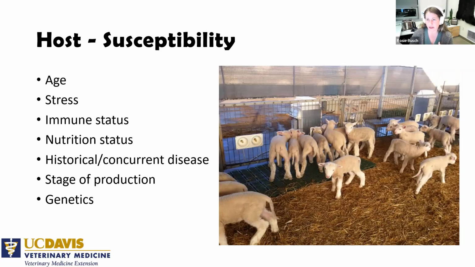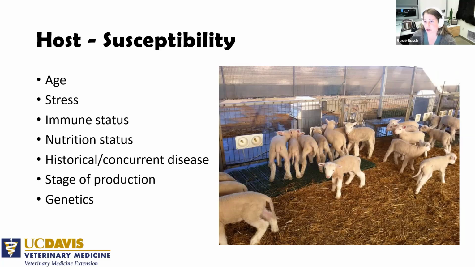For example, if they had a really bad pneumonia and were able to recover, typically because of how ruminants' lungs are, they tend to scar. So they may have recovered from that pneumonia, but in the future, they may be more likely to get pneumonia again, or if they do get pneumonia again, it impacts them worse than it would have any other animal, if that makes sense.